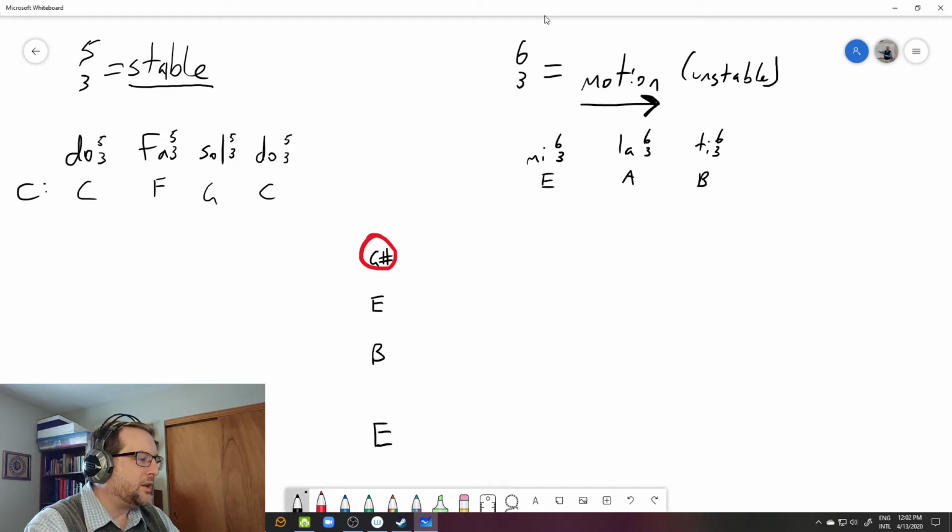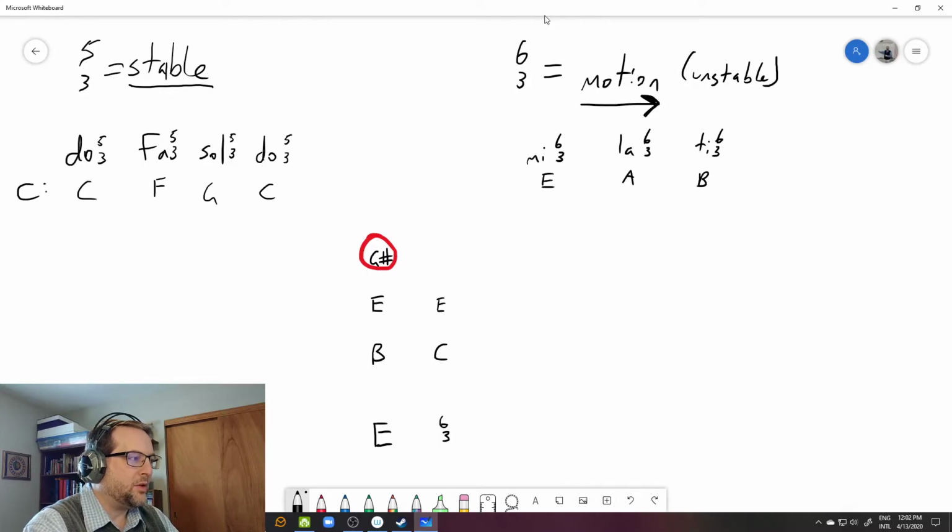If I plug in a 6/3 chord above the E, this would be an E 5 plus 3, I guess is how I would write it. But if we do our 6/3 here, notice E up a sixth is a C. I can always double my octave.